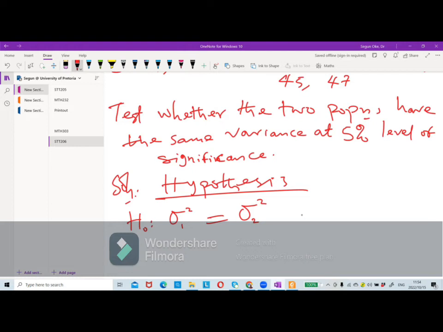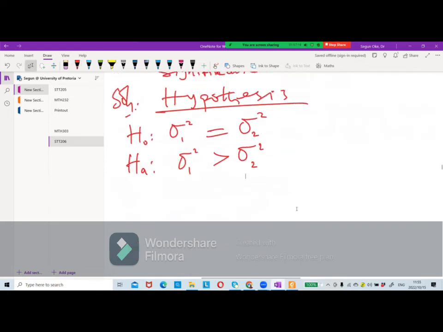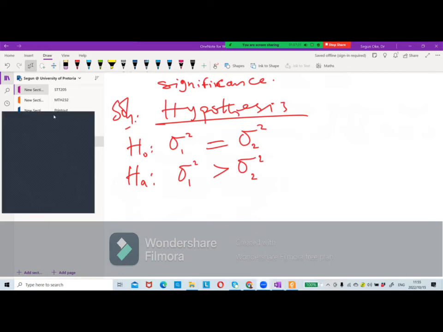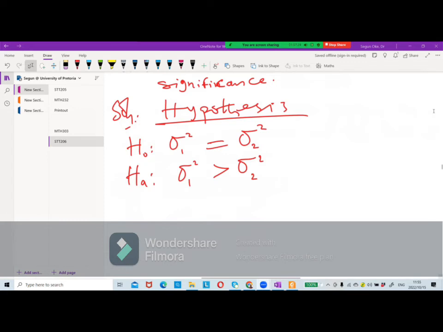We are trying to test whether one is greater or one is less. The alternative will be sigma 1 greater than sigma 2. So now the alternative is this. But let's look at the solution for this. How do we solve this one?